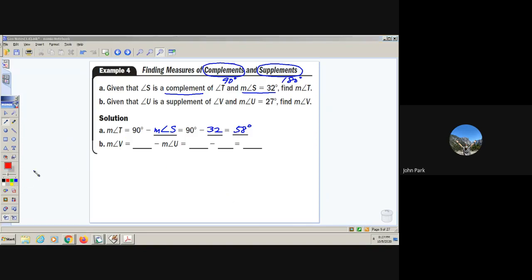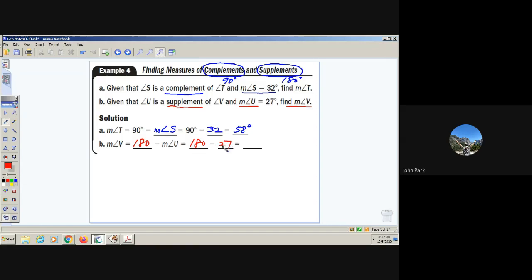The other one is supplement, which means 180 degrees. So the measurement of angle V will be 180 minus the measurement of angle U, which is given to us as 27 degrees.